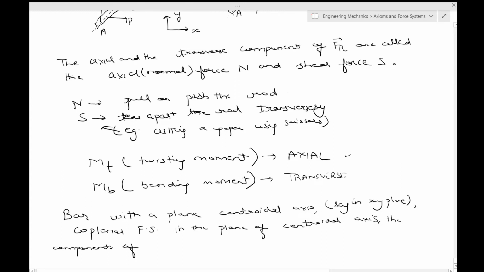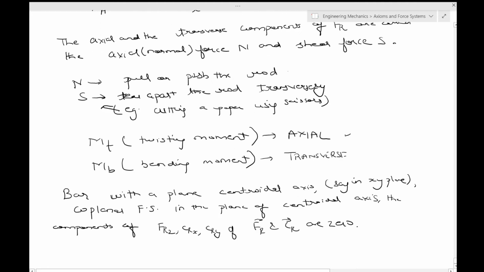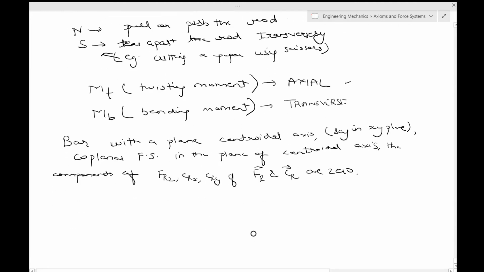The components FRZ, CRX, CRY of FR and CR are 0. Okay, so let's see how that can be shown in a diagram.